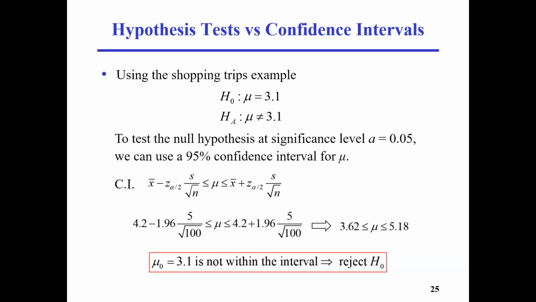So alpha is something connecting hypothesis tests and confidence intervals. I mentioned at the start of the lecture that alpha in hypothesis testing and alpha in confidence interval estimation are actually the same thing.